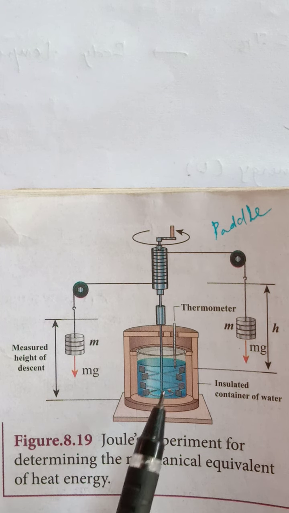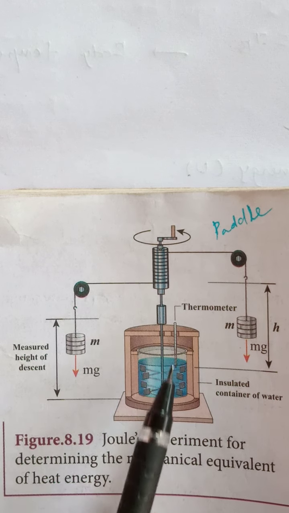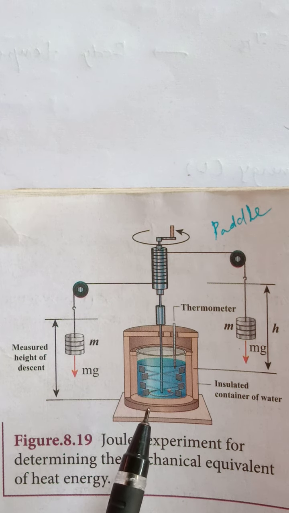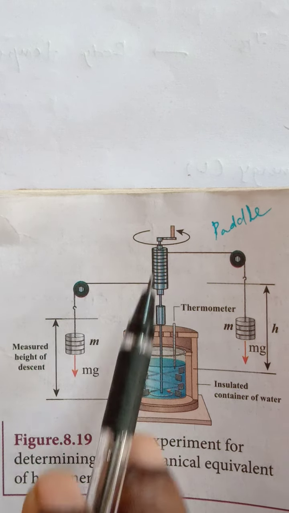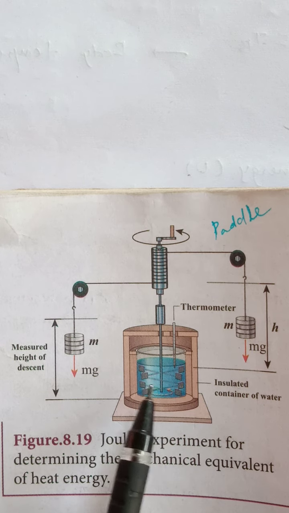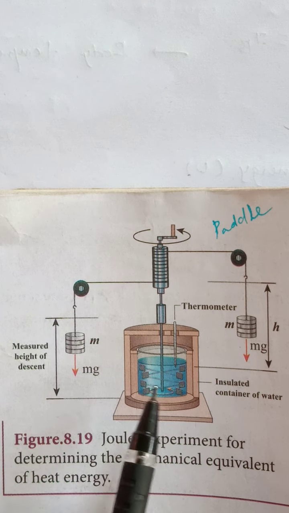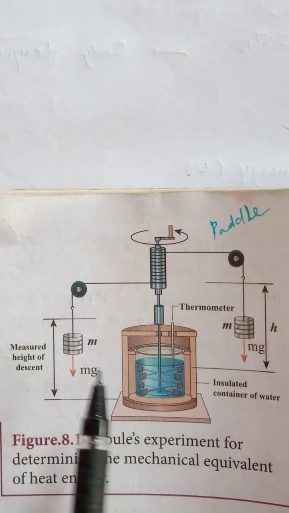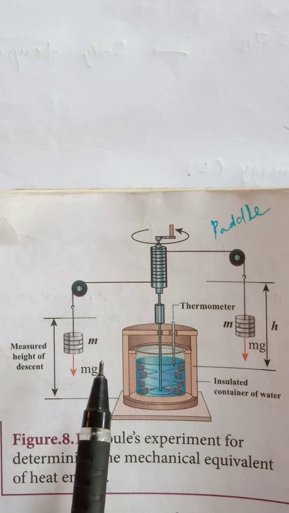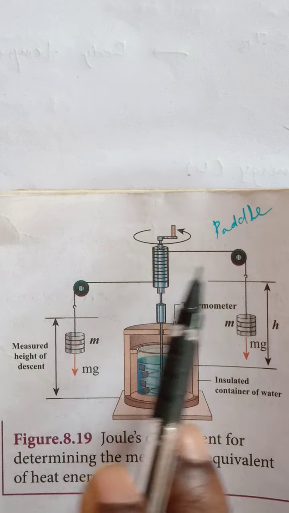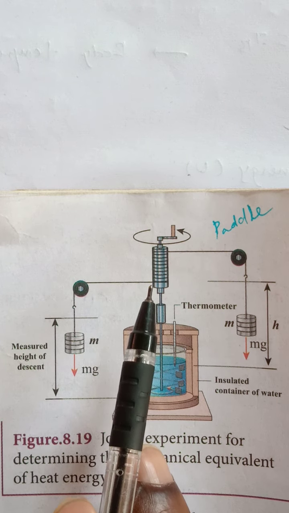Then it is connected with a thermometer to measure the temperature of the water. Then it is connected with a shaft that has a paddle at the bottom, like a stirrer. This helps to rotate the water. Then the two masses are attached with a rope to the paddle wheel, as shown in the figure.